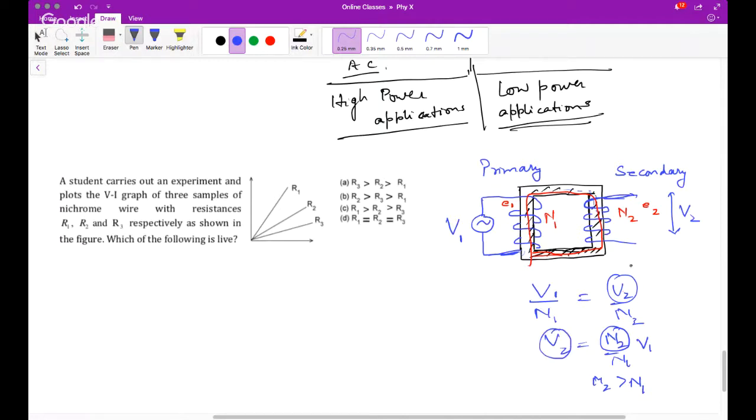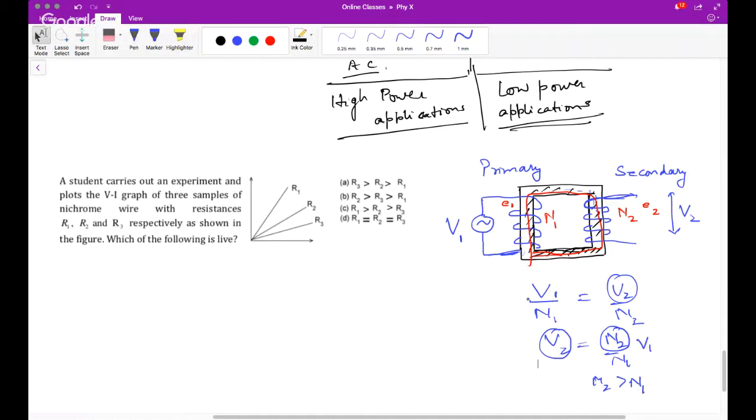This is called stepping up, and this is happening only because electromagnetic induction is happening here. If it was a direct current, there would be no fluctuating magnetic field, so there would not be any induction. Hence, DC cannot be stepped up.